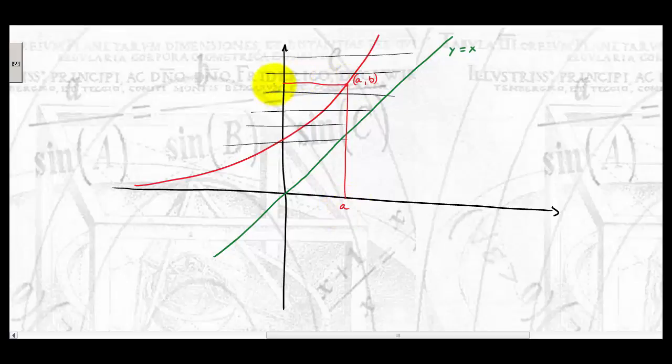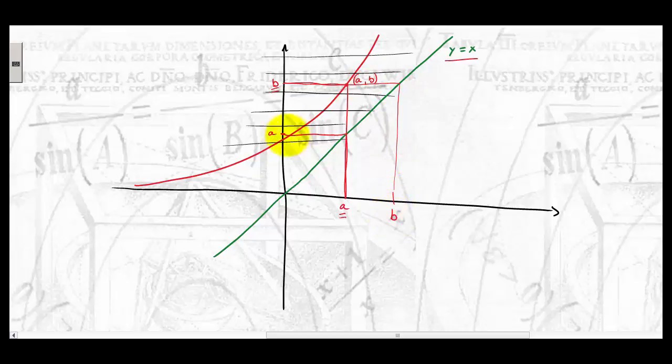Here's a, here's b. How do you send this a on the y-axis? Use the line y equals x. So you go to the line and then you go to the y-axis right here. Here's a on the y-axis. How do you send this b on the x-axis? Well, you go to the line y equals x and you go right here. That's b.